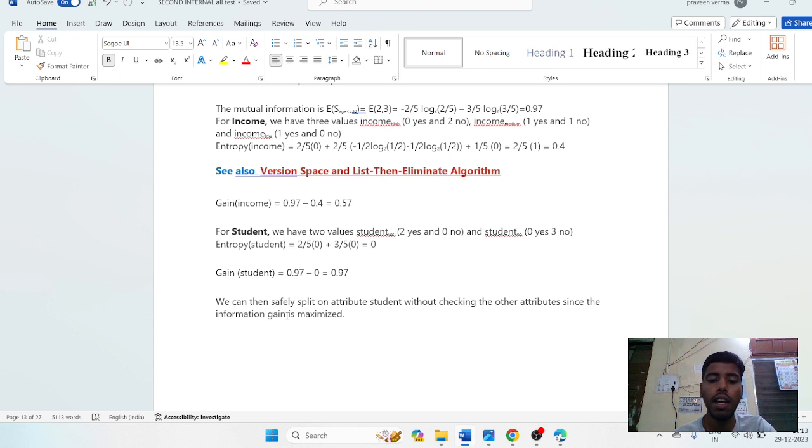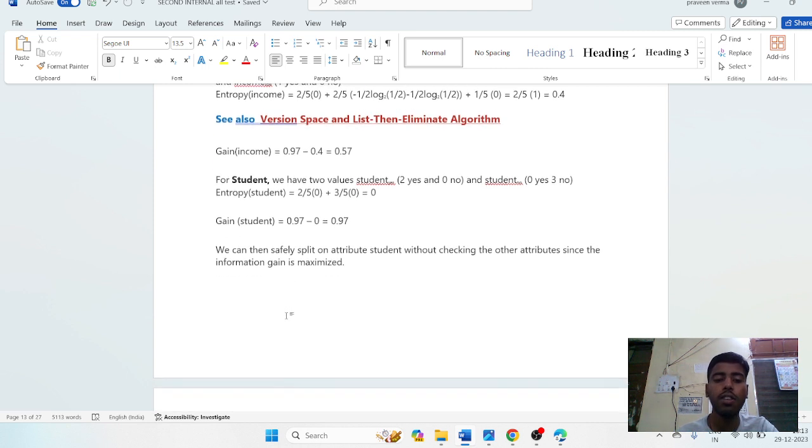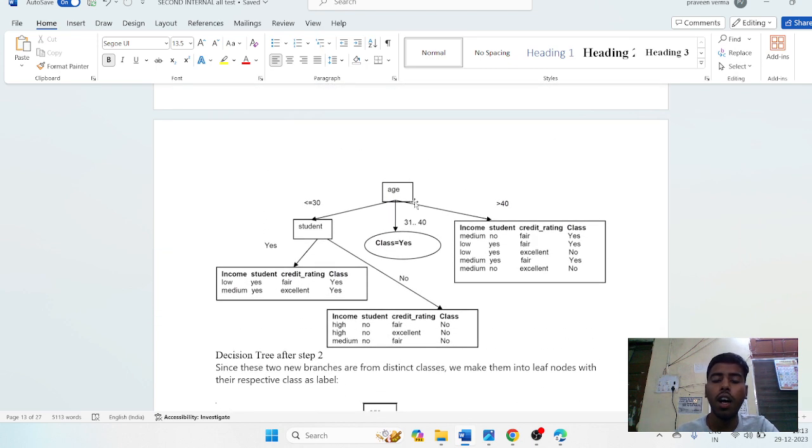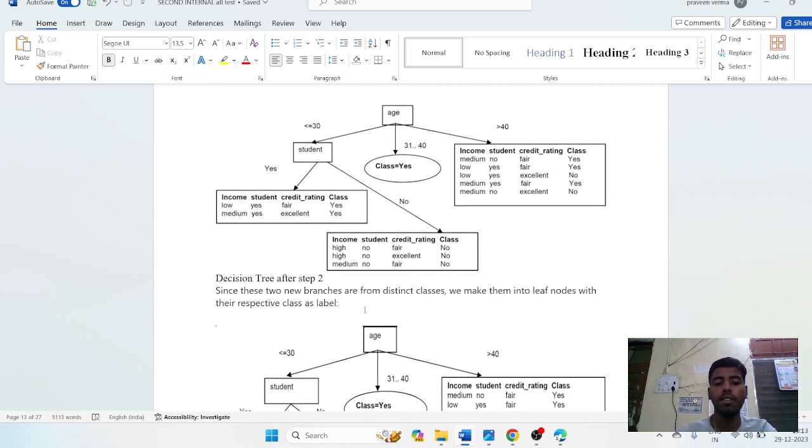So we select student as the next node under age. We can safely split on the attribute student without checking the other attributes since the information gain is maximized. So after age, we make student the next attribute.